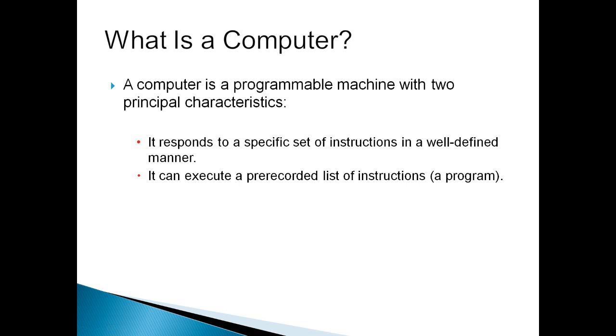Pre-recorded list of instructions: for example, if I give a computer several instructions sequence-wise, that is number 1, 2, 3, 4, 5, it has to execute in the defined order. For example, if I call a student A and request him to bring a board marker, this is the first instruction.